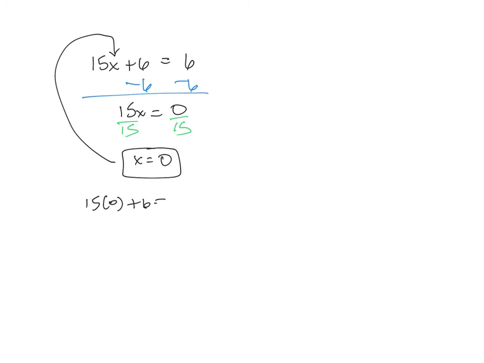If I were to plug it back in, 15 times 0 is 0. 0 plus 6 is 6, and 6 equals 6. That's true. That works. So if you get an answer that's 0, that's okay. It shouldn't happen a lot, but every once in a while.